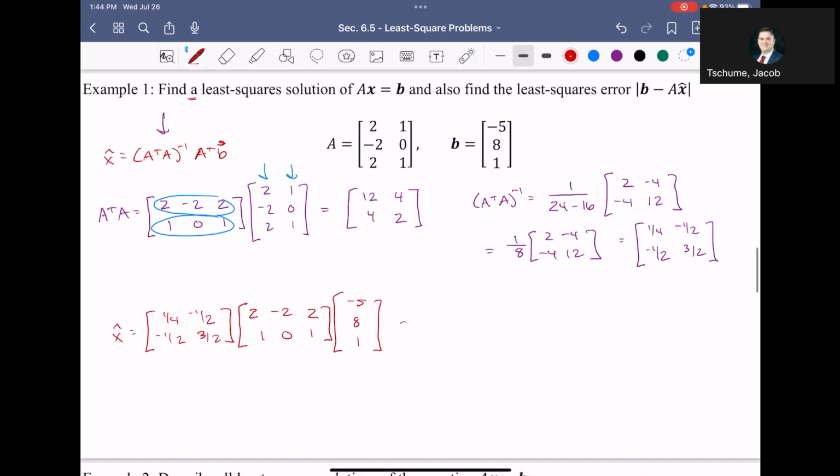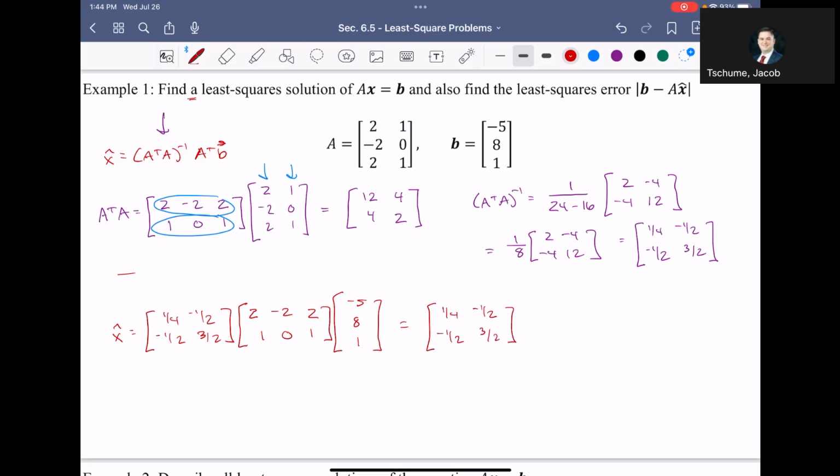All right, so to avoid using these fractions until I have to, I'm going to multiply the second two matrices together first.